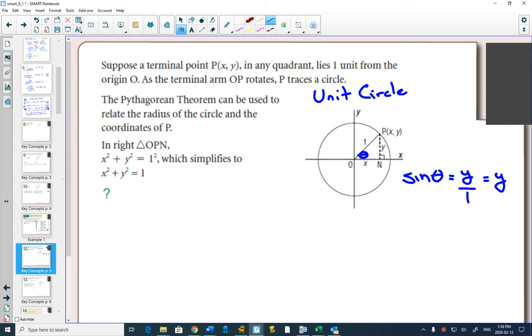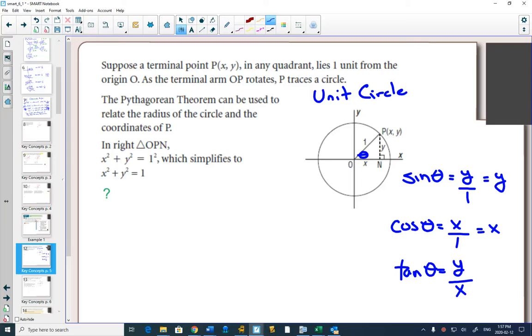And if you did the same thing for cos, cos of theta would be adjacent side, which is x, over hypotenuse, which is 1, is just x. And tan of theta is the opposite side, y, divided by the adjacent side, x. That's just taking what you know about SOHCAHTOA and thinking about it.